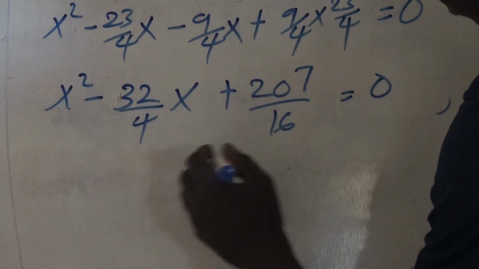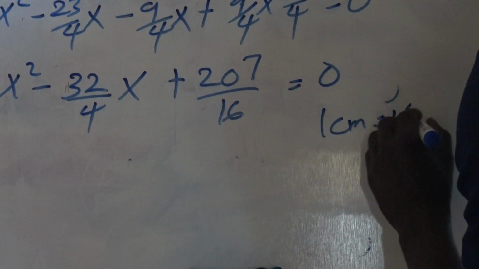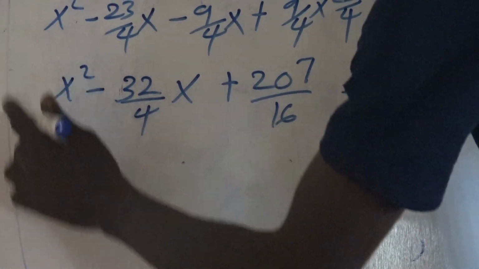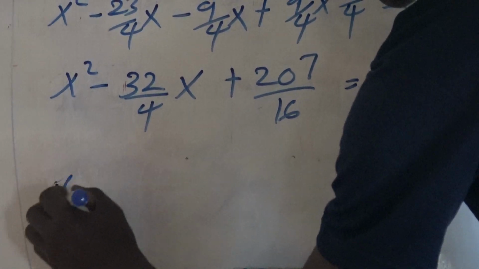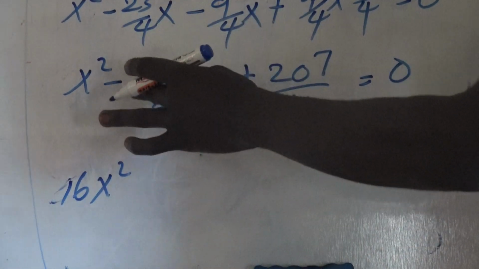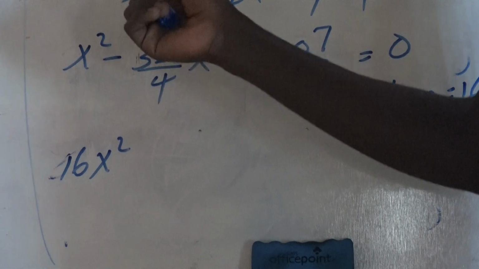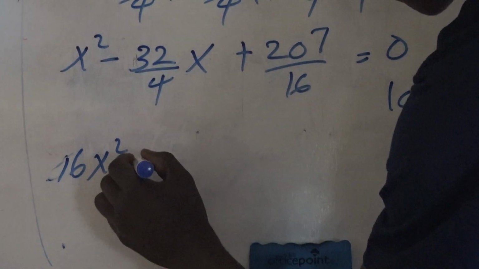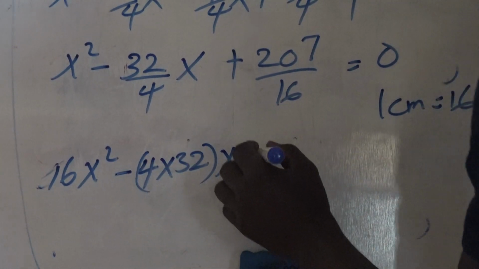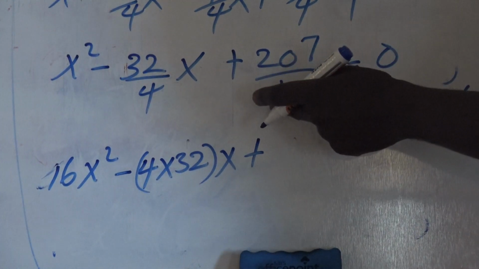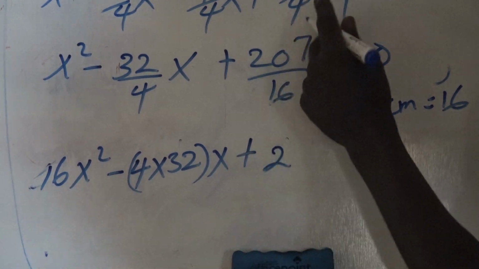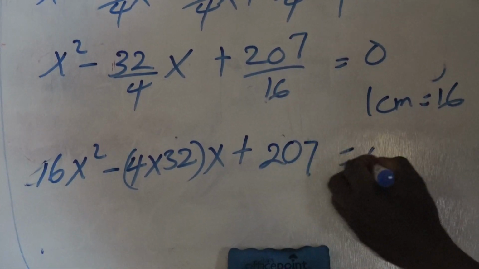So multiply by 16 all through, which gives us 16x squared. Multiplying the middle term by 16, the 4 cancels with the 16, so you remain with minus 4 times 32 x, then plus 16 divided by 16, so you remain with only the 207, which is equal to 0.